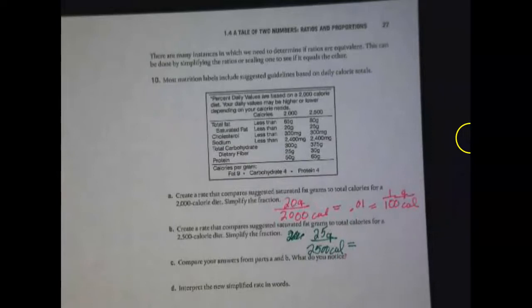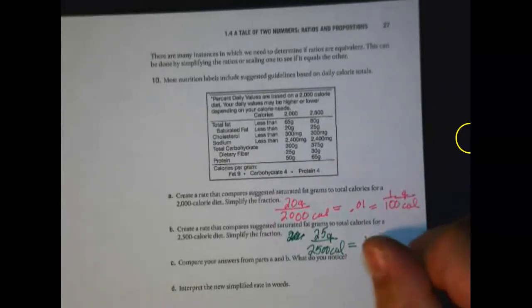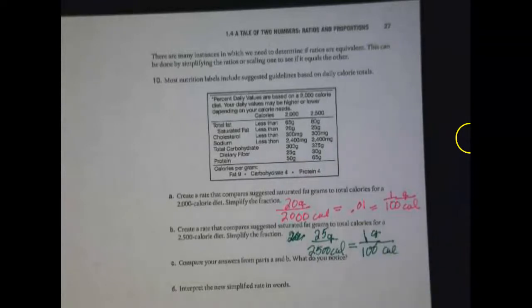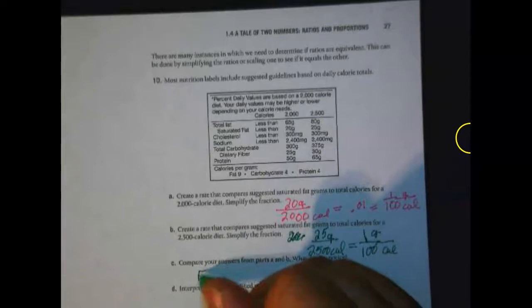Put that in the calculator. And again, I get 1 gram over 100 calories. Compare your answers. What do you notice? They're pretty much exactly the same.